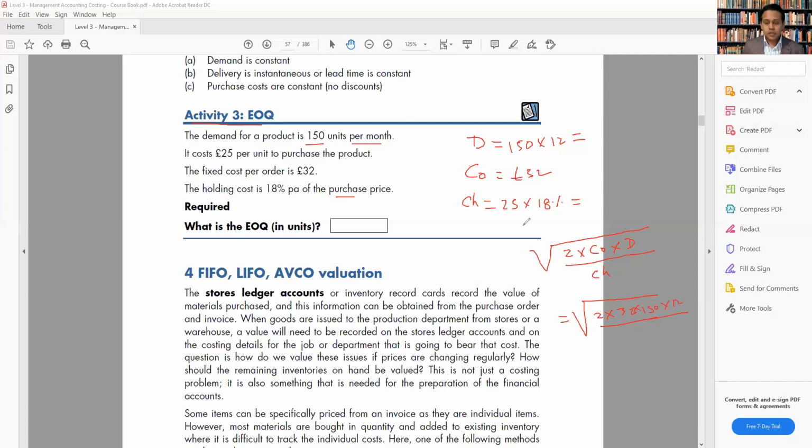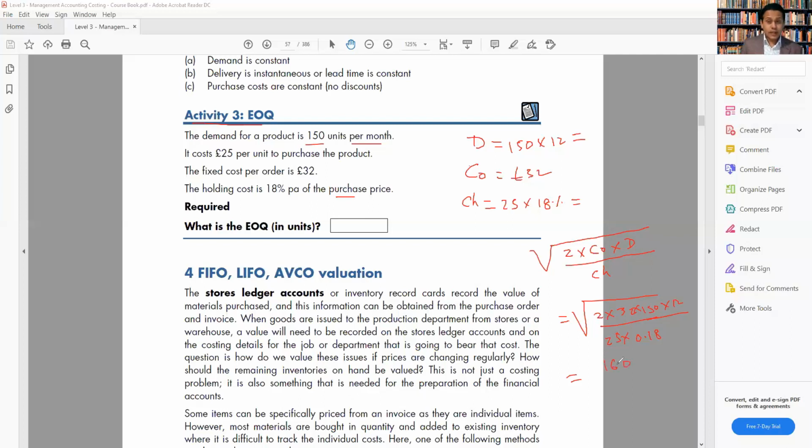And on the bottom, we have 25 times 0.18, which is 18%. That will tell us exactly how many units we should order, how much the EOQ is. So the figure is 160.